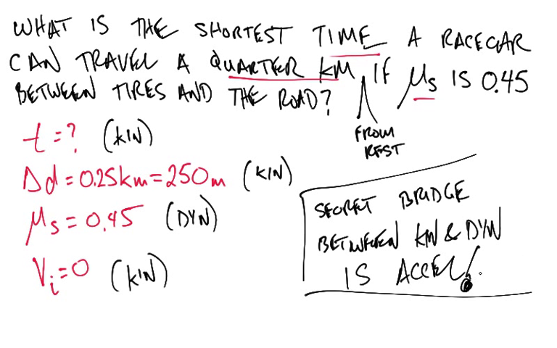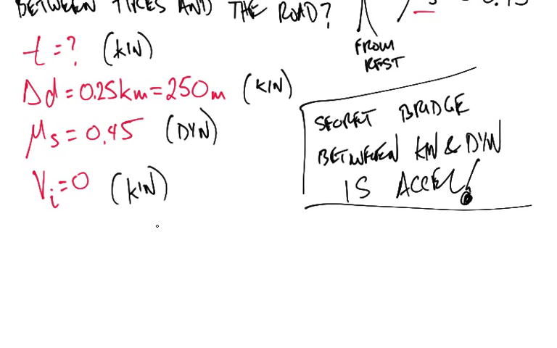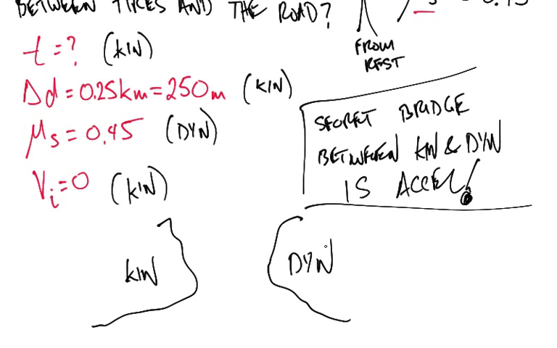So if you think of the world over here of kinematics and the world over here of dynamics, the only thing that links these two worlds together is the bridge of acceleration. Okay?